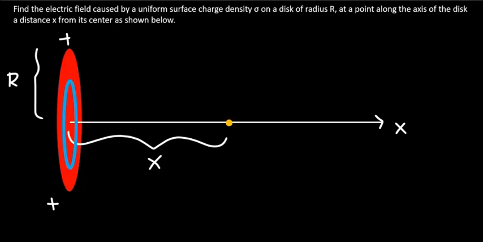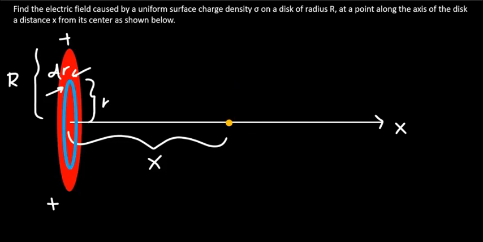This ring of charge is of radius little r and has a thickness of dr. If you can find the contribution to the electric field at this point due to that ring, then summing all the contributions from all the rings that would fill up the disk, one could in principle find the electric field due to that entire disk at that point.